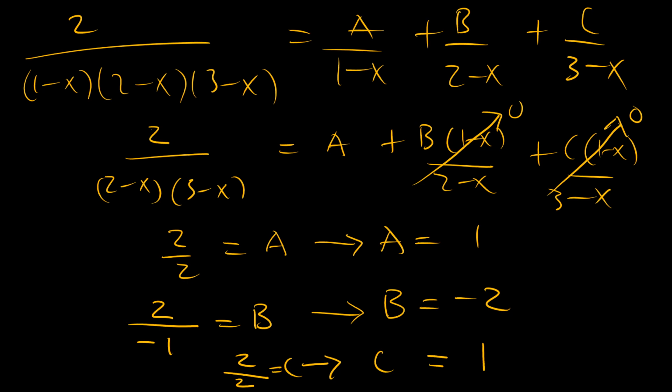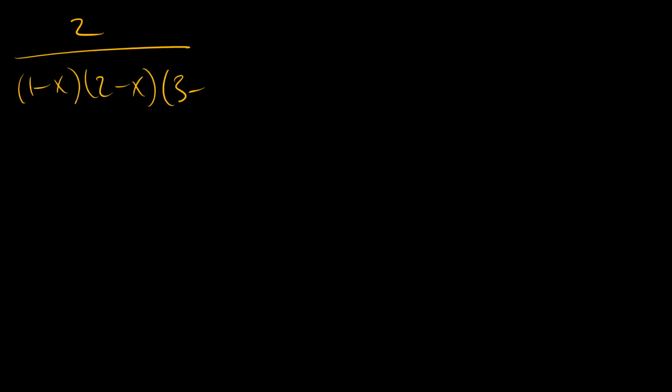Okay, and so we have our fraction 2 over 1 minus x, 2 minus x, 3 minus x being equal to 1 over 1 minus x minus 2 over 2 minus x plus 1 over 3 minus x.